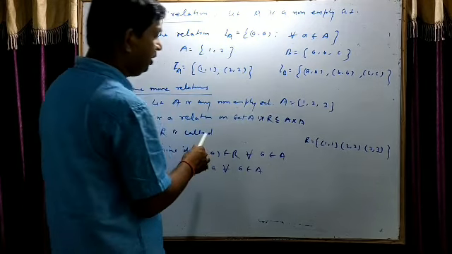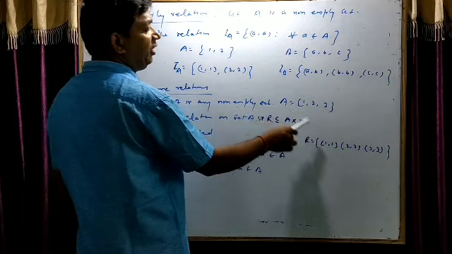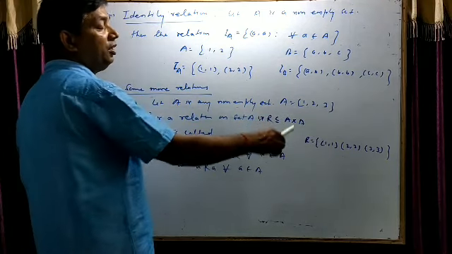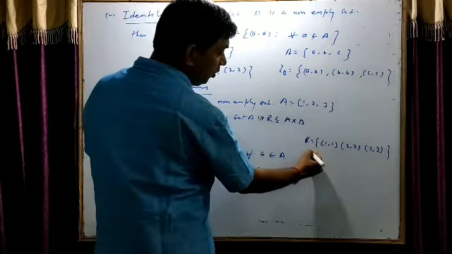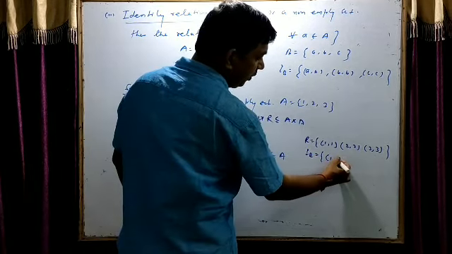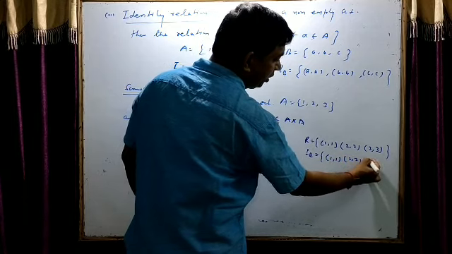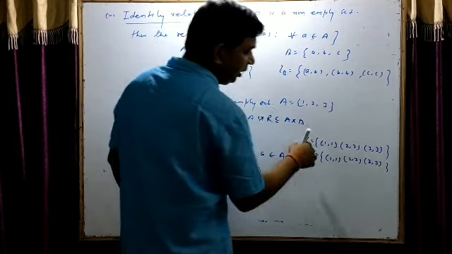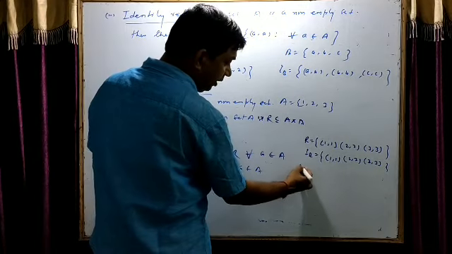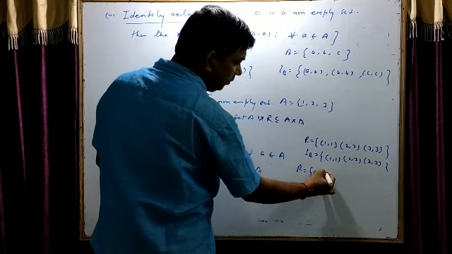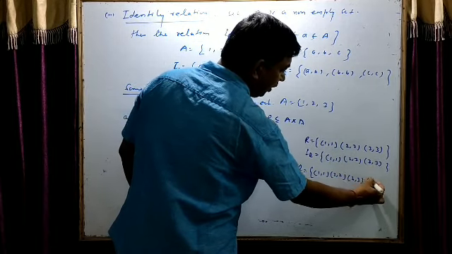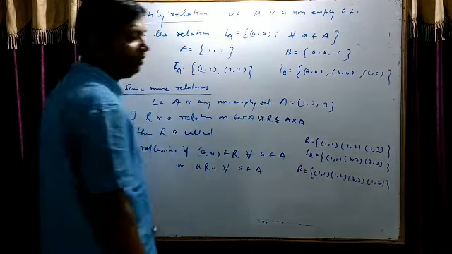According to the definition, 1 is present in set A, so (1,1) is present, 2 is there so (2,2) is there, 3 is there so (3,3) is there, and this is also I_A. So identity relation is also reflexive, but if I write (1,1), (2,2), (3,3) and (1,2), then it is only reflexive.